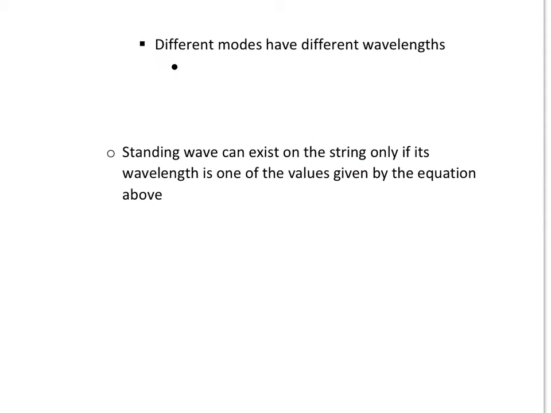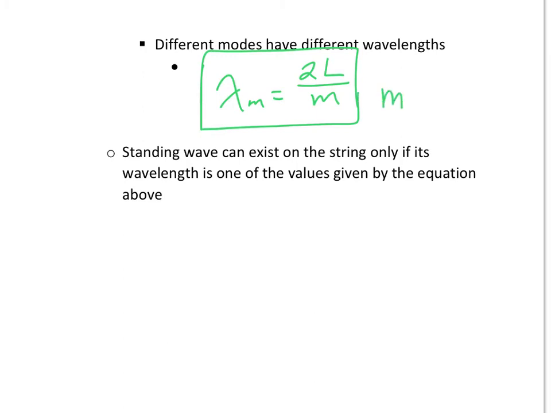Okay, different modes are going to have different wavelengths, and this is given by the equation lambda m equals 2L over m. M equals 1, 2, 3, etc. So that's just the mode number.